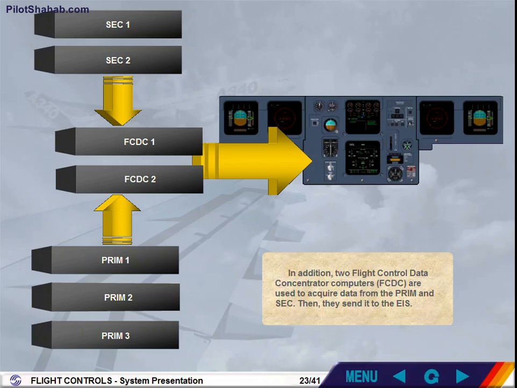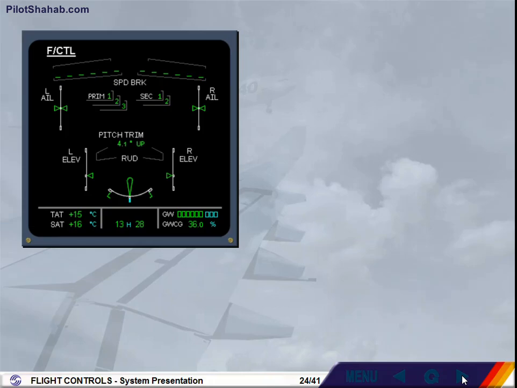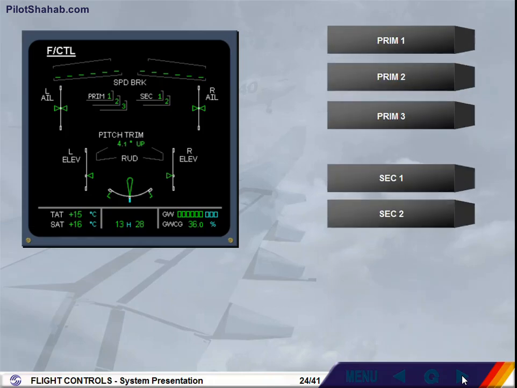Then they send it to the EIS. The status of prim and sec is indicated on the ECAM flight control page. The other computers are not displayed. These indications will be seen in more detail in the abnormal operation module.